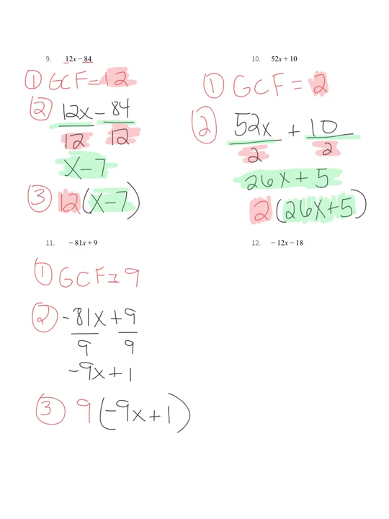All right, and remember, a way to always check if your work is correct is by using the distributive property. 9 times negative 9x should equal negative 81x. And 9 times 1 equals 9. So we know that this is correct. All right, and I'm going to do my favorite thing, which is to highlight where things came from so it's easy to remember.